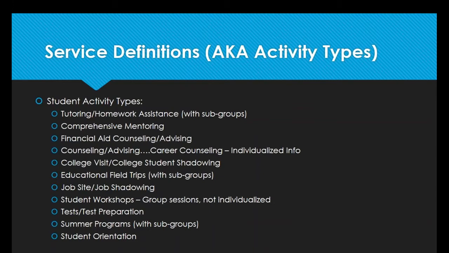You'll notice that under tutoring and homework assistance and educational field trips, there are also additional subgroups, but these are the activities that will show up in the definitions. There are a few others that aren't here. We do have an other, and we have an other fee only. So there are a couple more in addition to this.